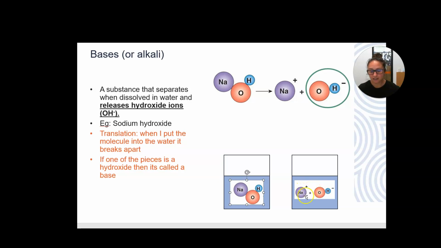Now let's have a look at the pieces. We've got sodium and hydroxide. They are the 2 pieces. When a molecule breaks up into pieces when you put it in water, and one of those pieces is a hydroxide, then it's called a base.